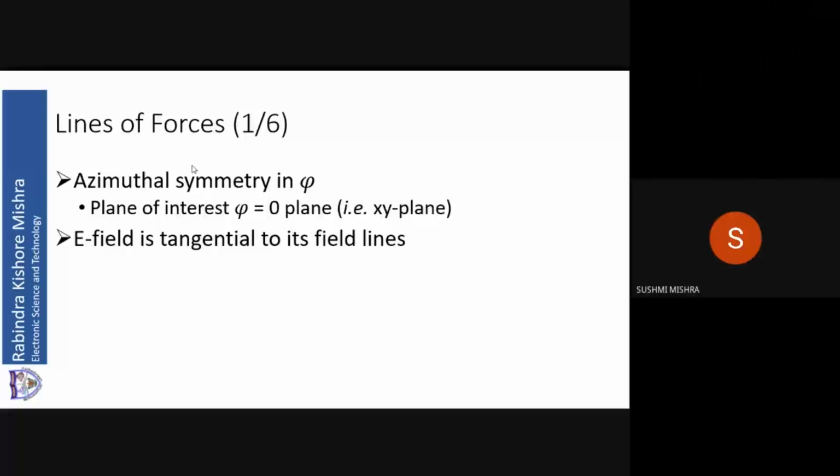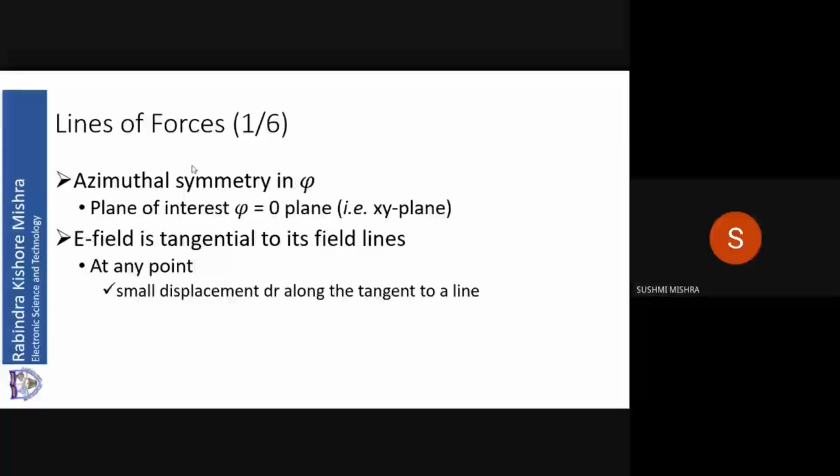Now, we know the E field is tangential to the lines of forces. So each E field is tangential to its corresponding line of force. Therefore, at any point, a small displacement dr will be a tangent to the line of force, because E is tangential.